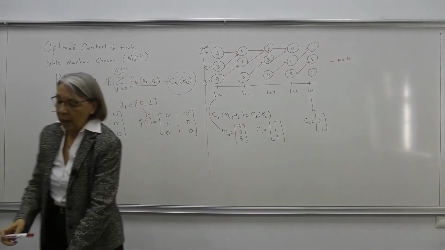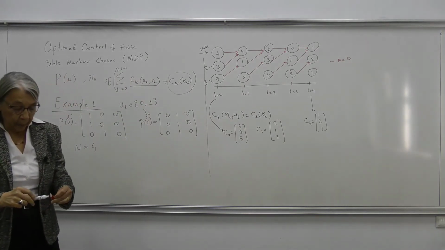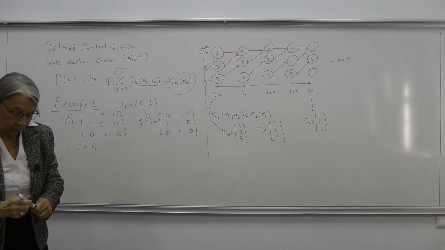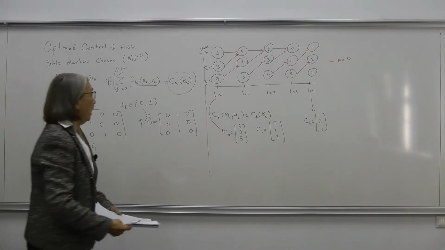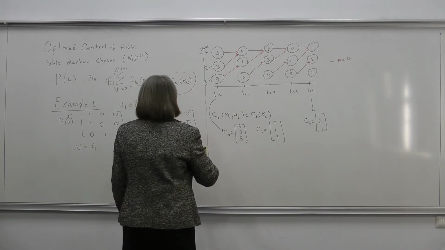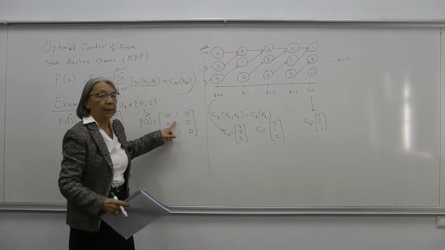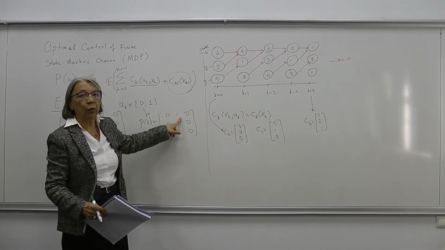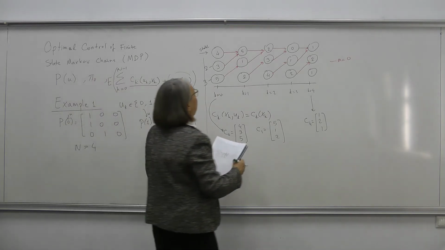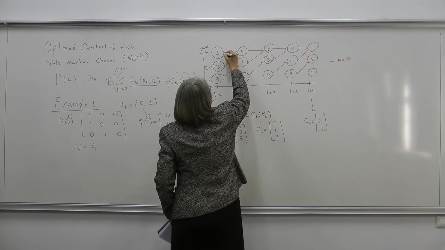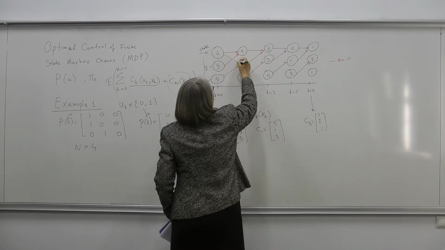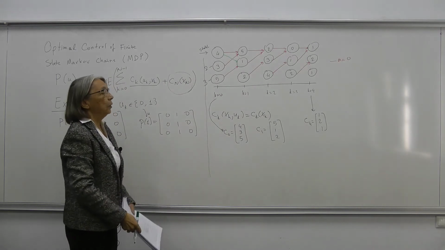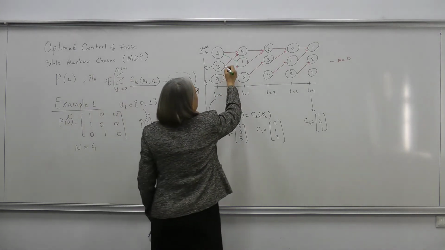And for the second input, I will use green lines. For the second input, we observe that if we are in state number 1, then we go to state number 2 according to this transition probability matrix. And if we are in state number 2, then we remain there.